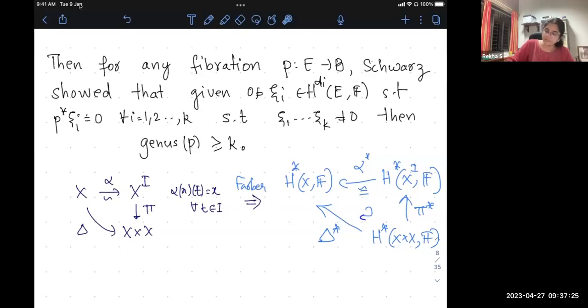Now this in homology induces a picture of this form where the homotopy equivalence then induces an isomorphism on the homology. And when we wanted to give a lower bound for the Schwartz genus, we wanted these classes which under P star go to 0 and their cup product is non-zero. So we are basically looking for classes in here which go to 0 under pi star, and looking at this commuting picture, and this was all proved by Farber, it is clear that something will go to 0 under pi star if it will go to 0 under this diagonal map.